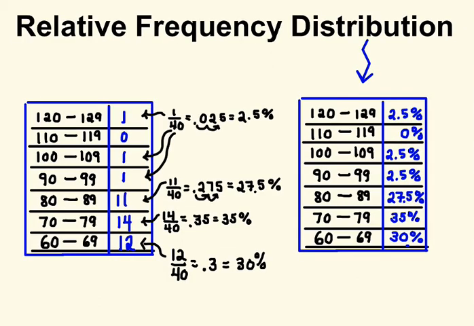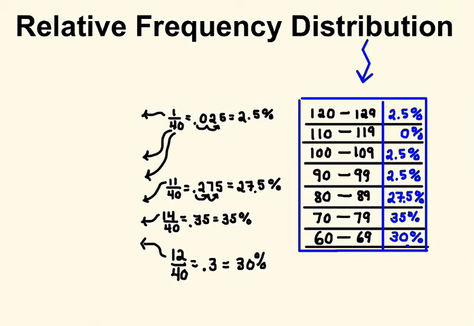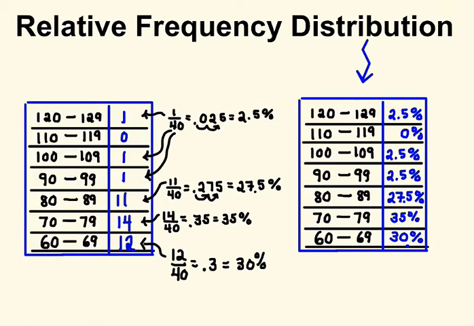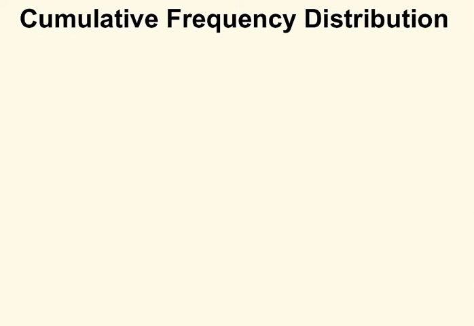So for a cumulative distribution table, we have to go back to the original frequency distribution table, which we have right here on the left. I'm going to grab that, minus our calculations. Let me copy it. And let's go forward to this page.